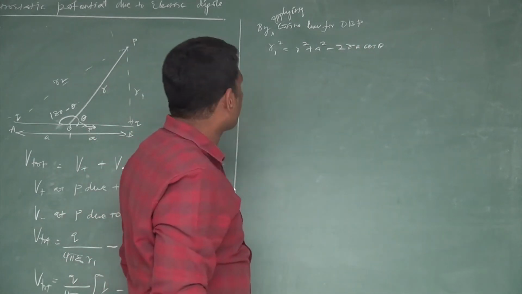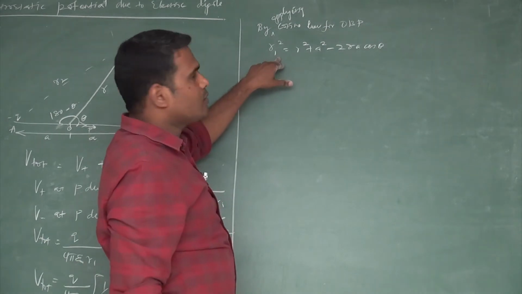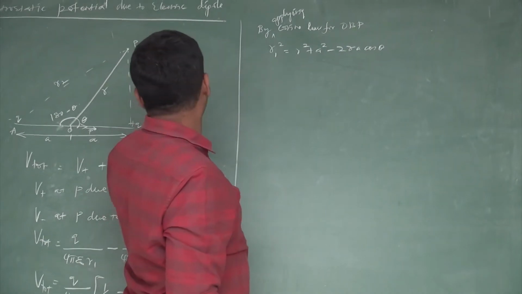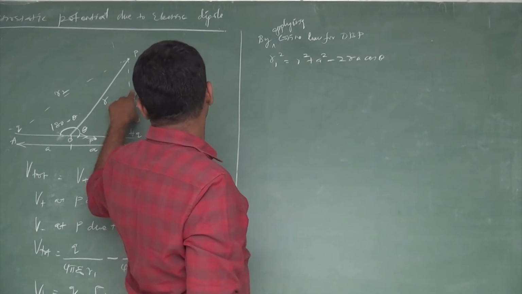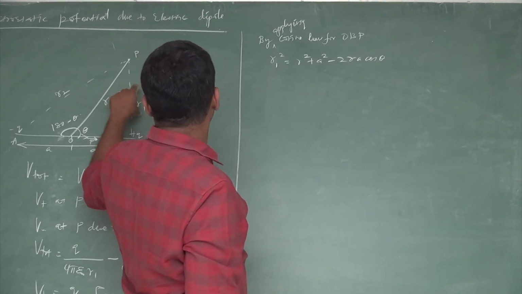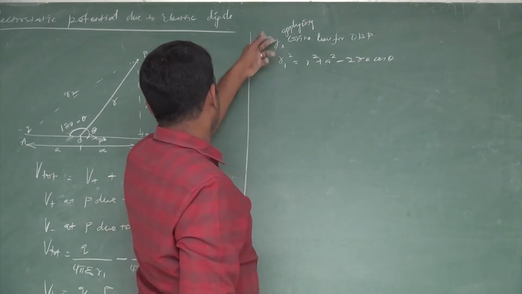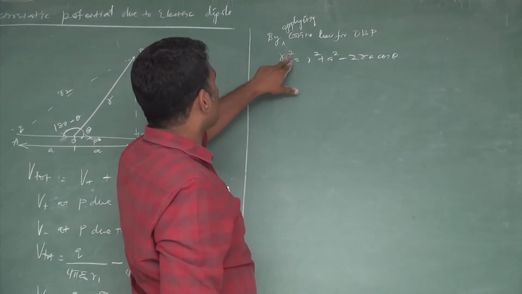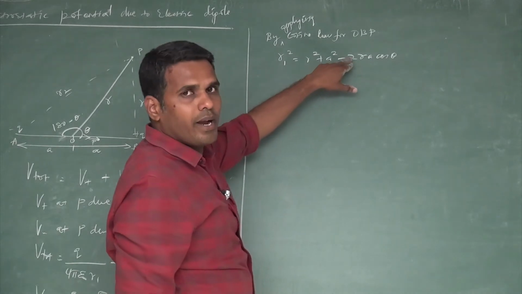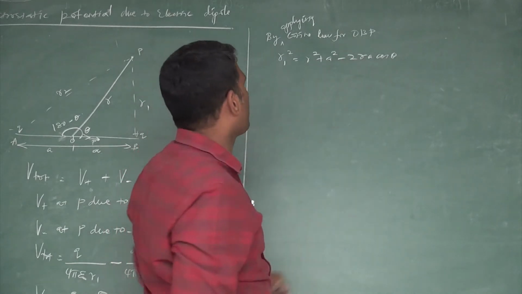Cosine law is this one. If we need to know the value of one side of a triangle, then we have to go for cosine law here. r1 square equals r square plus a square minus 2ra cos theta.